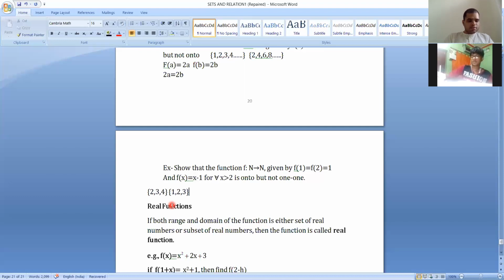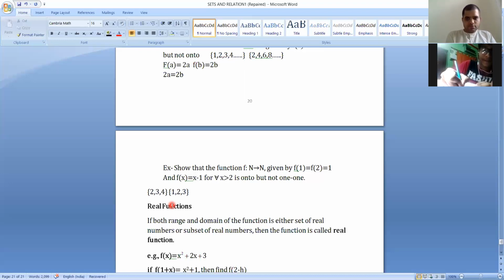What is the next? But if one element has 2 images, then it is not considered a function. You should always remember the two criteria. Every element should have an image, and every element should have only one image.